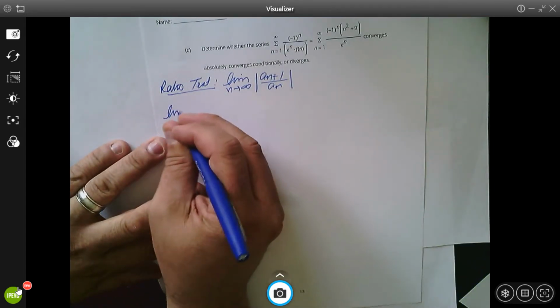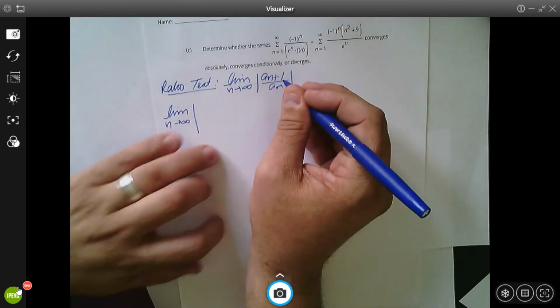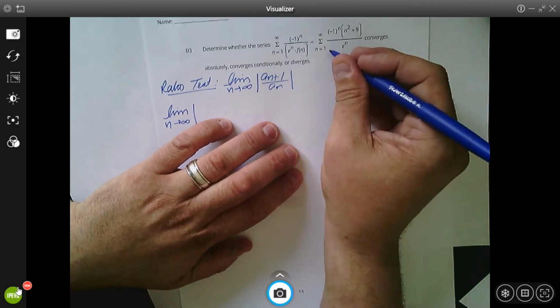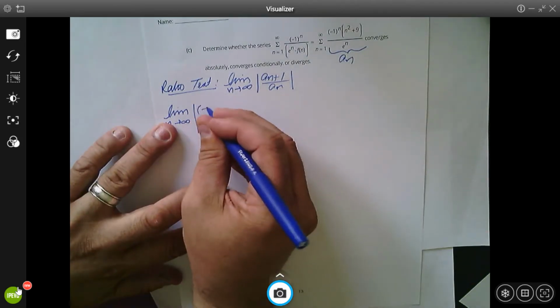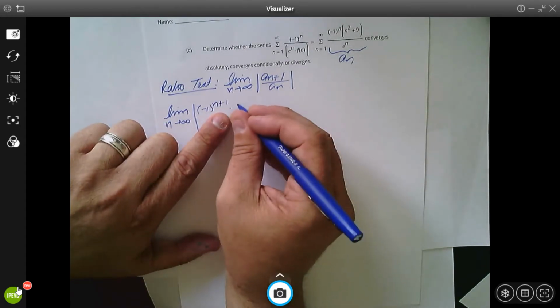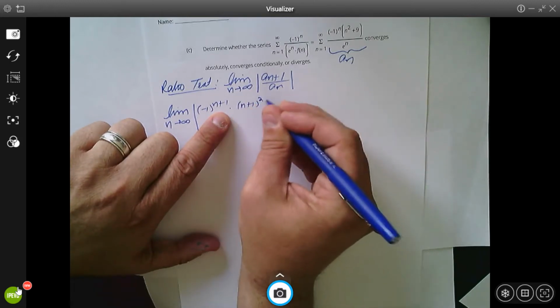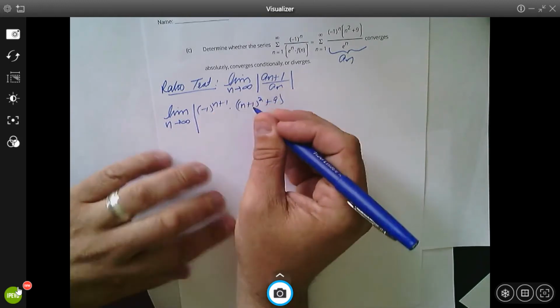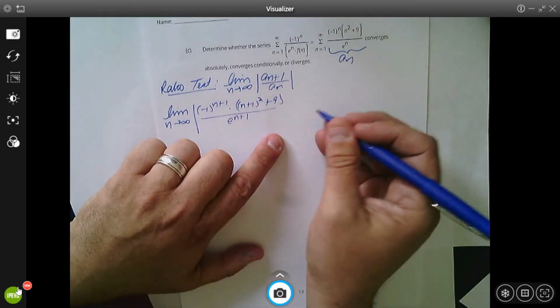Well, let's set this up. Limit as n approaches infinity, a sub n plus 1. This is your a sub n term. The a sub n plus 1 just says replace all the n's with n plus 1. So negative 1 to the n plus 1 power, n plus 1 squared plus 9, e to the n plus 1 power.